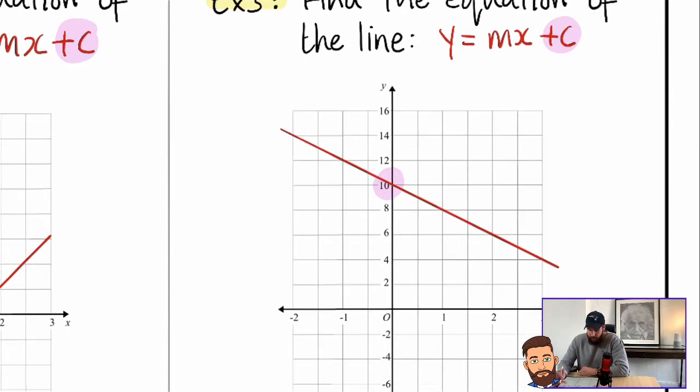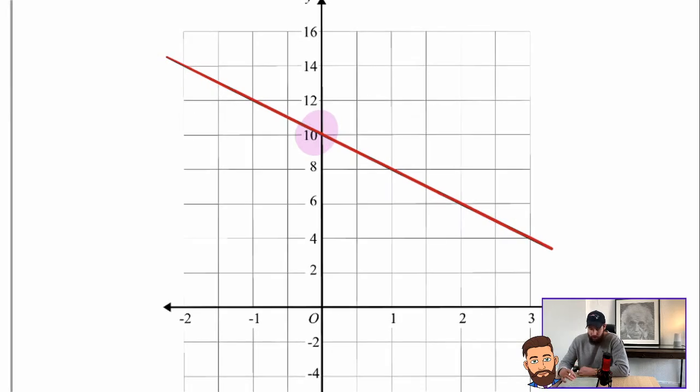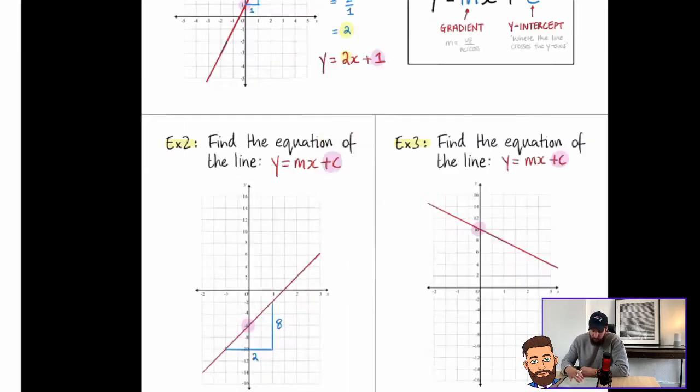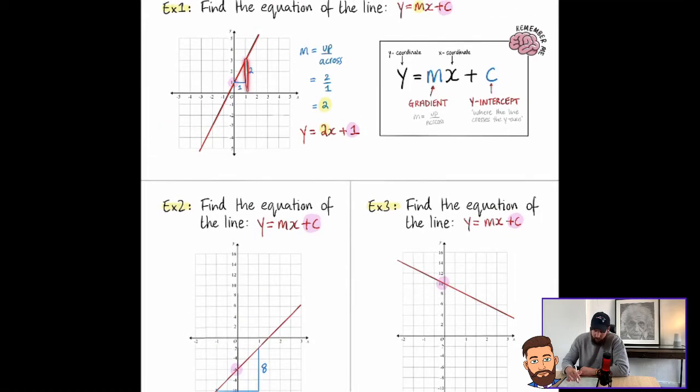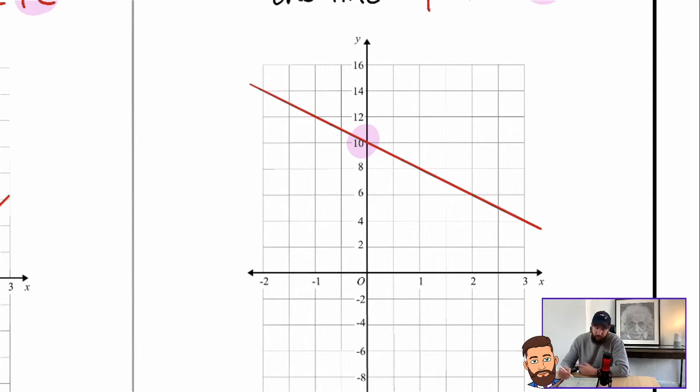Then it's just a case of finding the gradient. Well, again, we can draw this triangle anywhere. We've proved in the first example and the second example that a small one will get you the gradient, a bigger one will get you the gradient. We could even do a bigger one here and get the gradient, but no matter where you do your triangle, you should get the same gradient that I would. So maybe you would, if you're feeling confident, maybe you could try and draw a different triangle to me and see if you get the same result.